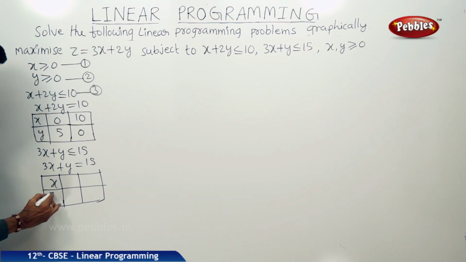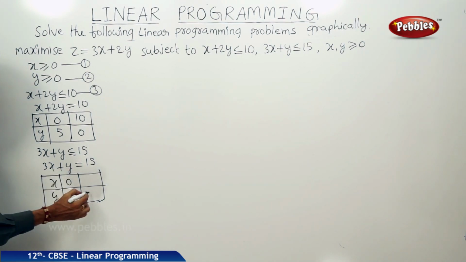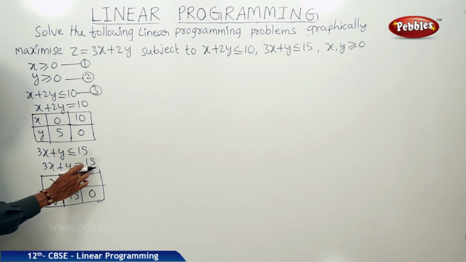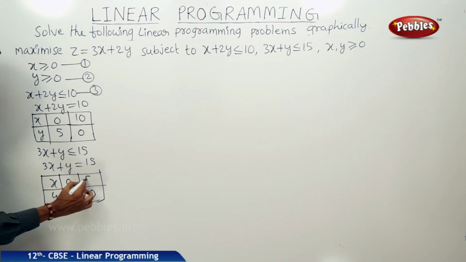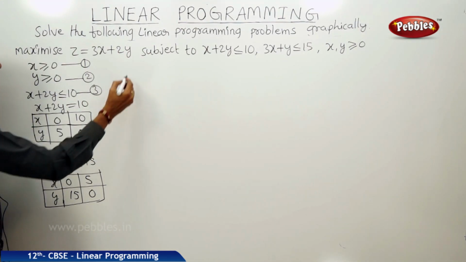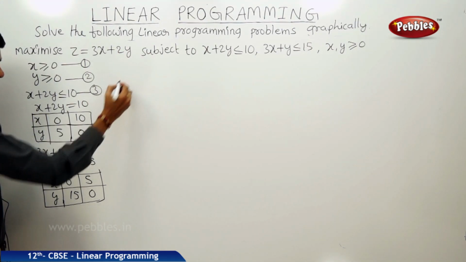So x value here, y value. If x value is 0, then y value is 15. If y value is 0, then 3x equal to 15, x value is 5. Now we will draw the graph of these four inequalities.